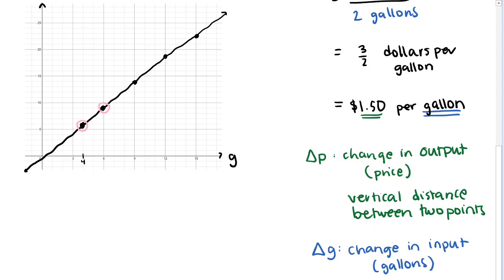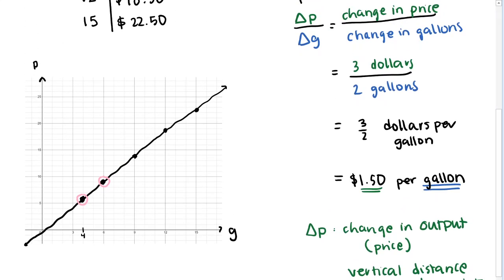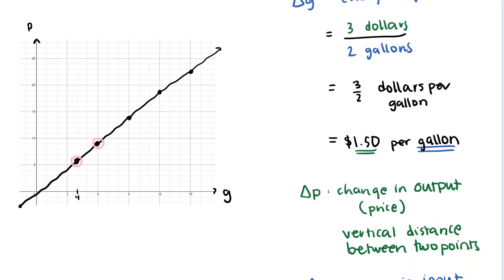And if we look at the vertical change between these 2 points, this delta P that we saw of $3, well, that was the change in the y values. It's really these 3 units there between the 2 points, right? The difference in their heights, their output values, their P values. Okay, so this was delta P, the numerator in the rate of change.